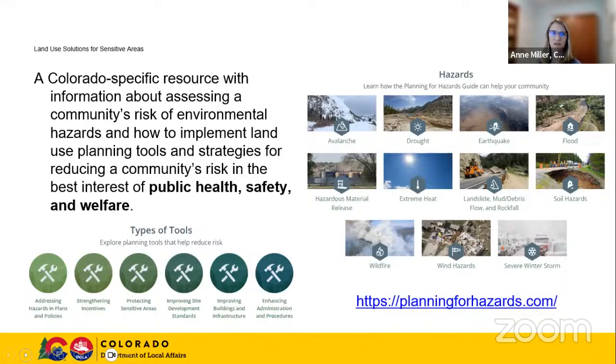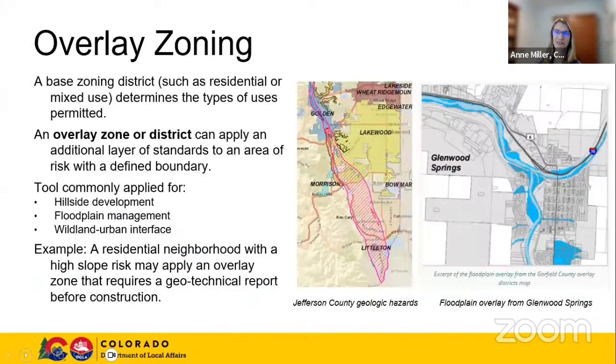So I'm going to start with, next slide, talking about overlay zones. And we've already just heard that you are very familiar with overlay zones, a common land use tool to reduce risk to a number of different hazards. So you're already doing this, and it may be something that you are interested in looking at for the wildland-urban interface, and Gabby will be talking about that a little more as well.